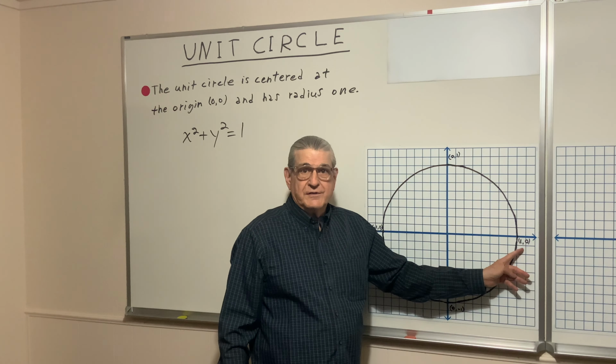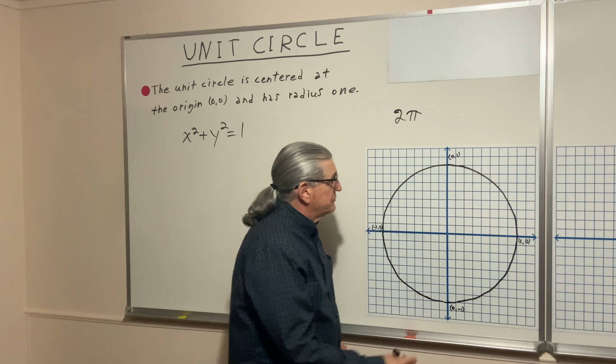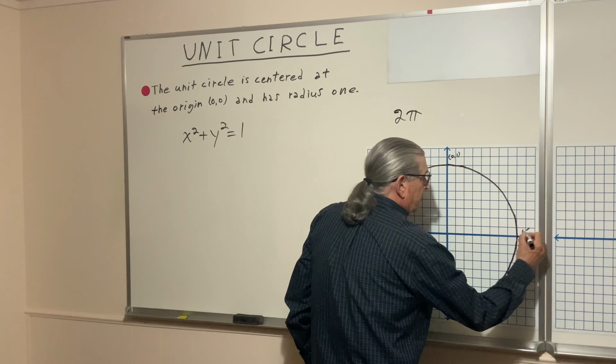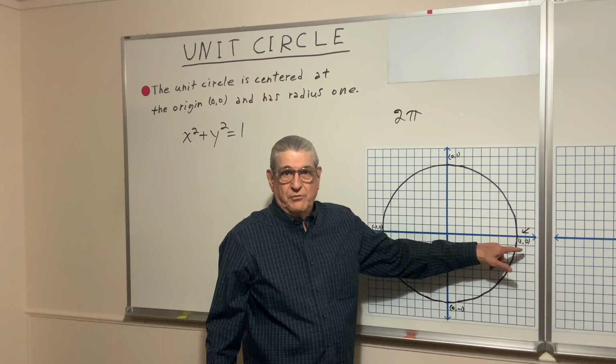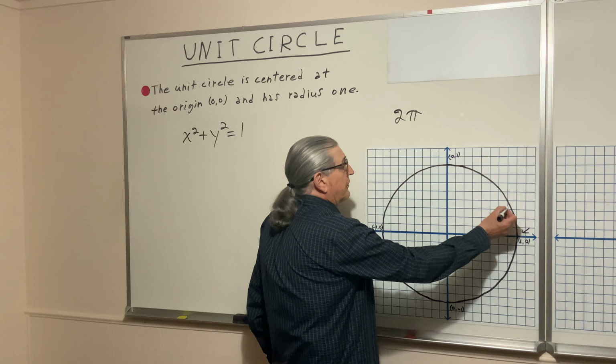Now, if we think about the circle, it's 2 pi to go around the circle. And what we're going to do is start here. This is going to be our starting point. We're always going to start at this point. And if we go like this, counterclockwise, that's positive.